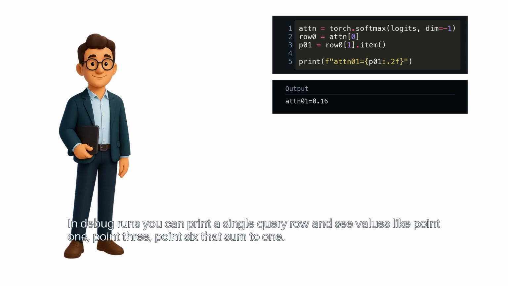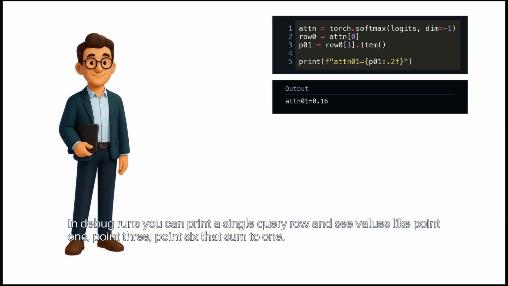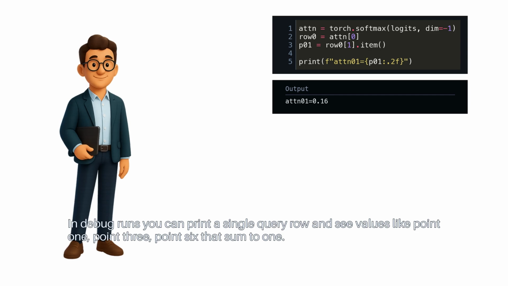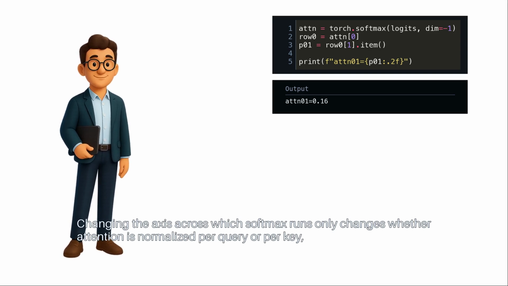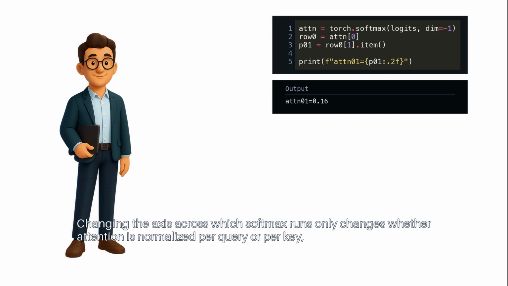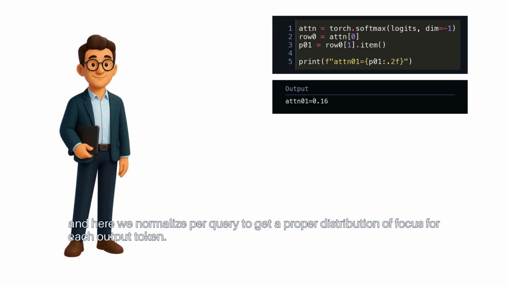In debug runs, you can print a single query row and see values like 0.1, 0.3, 0.6 that sum to 1. Changing the axis across which softmax runs only changes whether attention is normalized per query or per key. And here we normalize per query to get a proper distribution of focus for each output token.